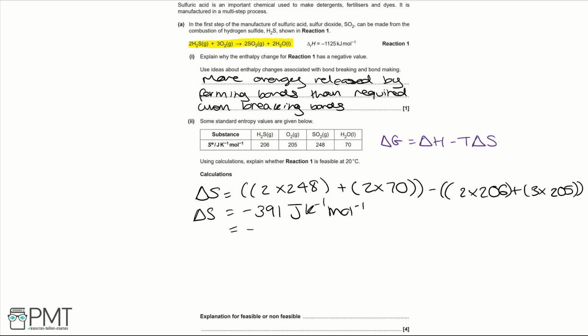Or if we were to convert this, it would be minus 0.391 kilojoules per Kelvin per mole.